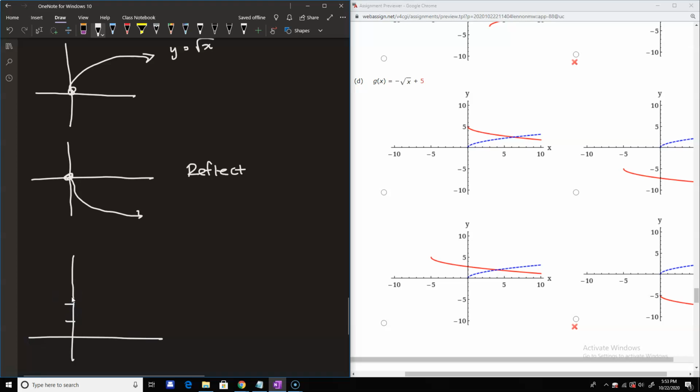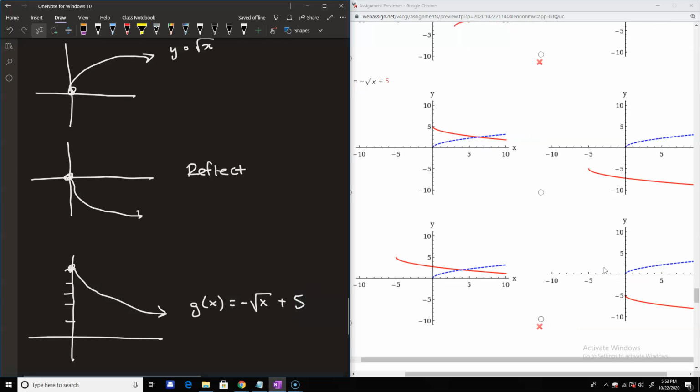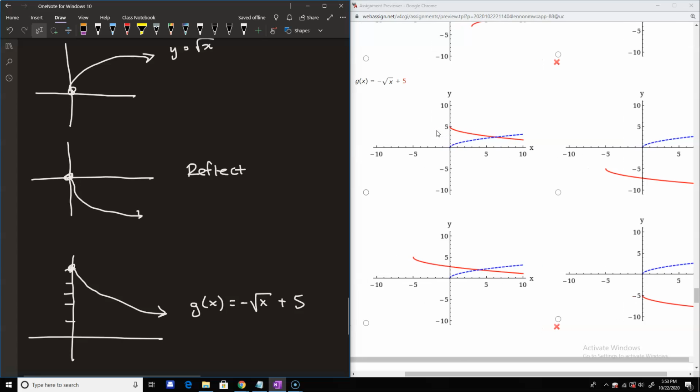So you go 1, 2, 3, 4, 5, and then you get this picture. So this is our g of x equals minus square root of x plus 5. So on your graph, you would look for that picture, and you get the picture right there, the first choice again.